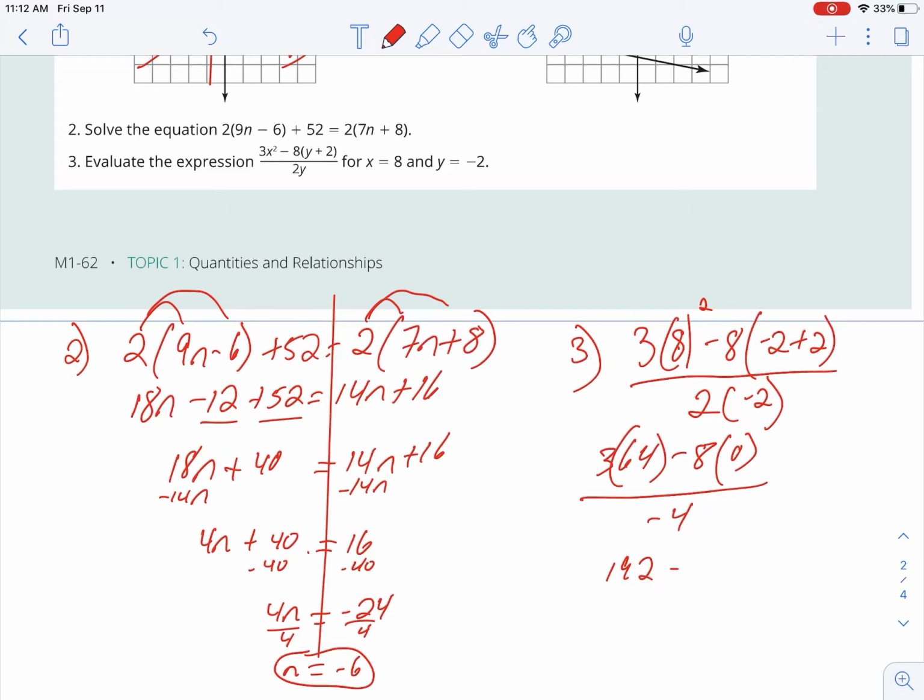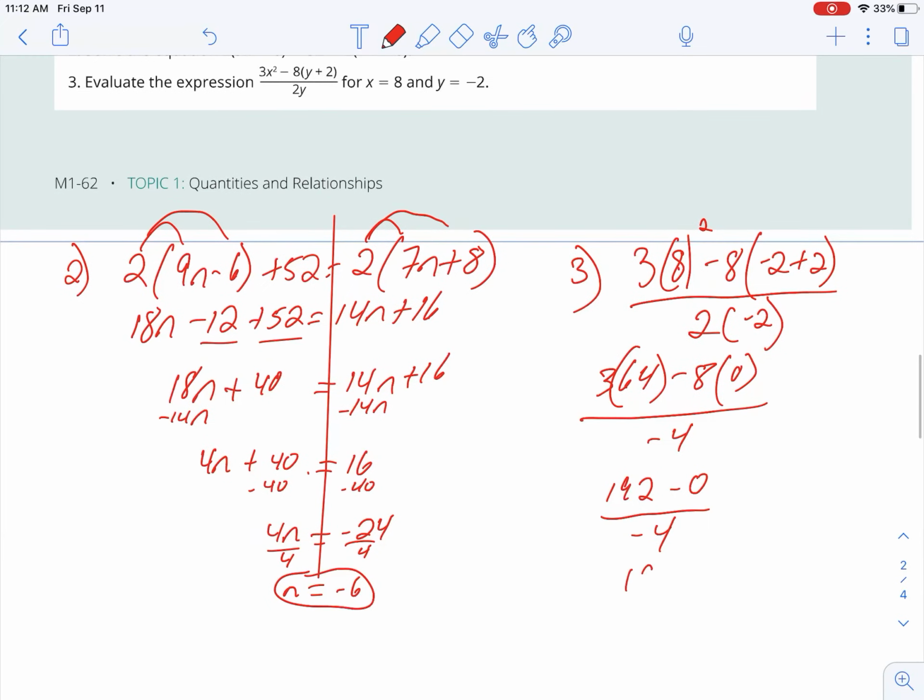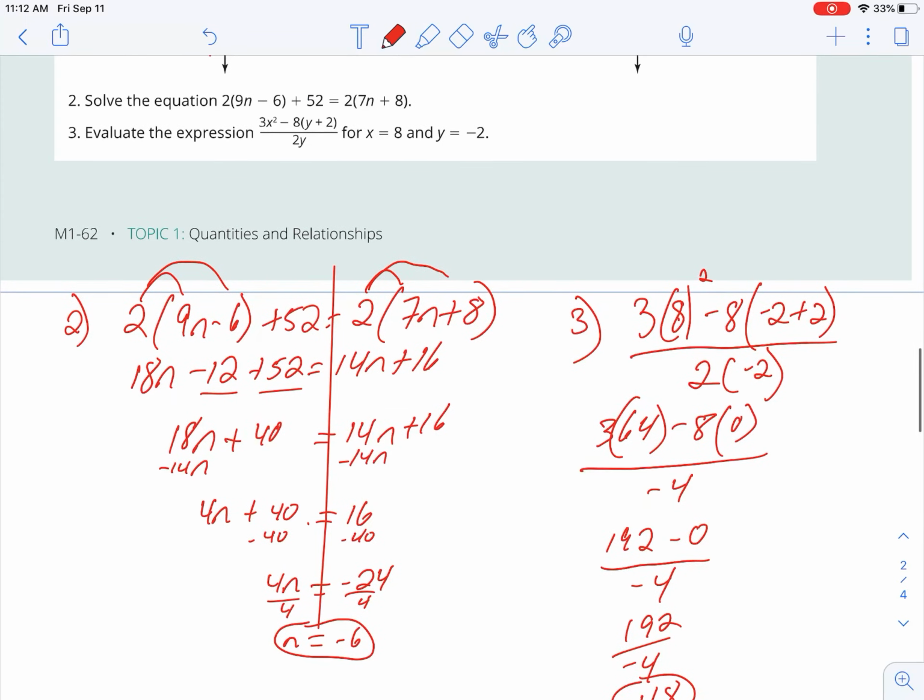That gives me 192. And then I have 8 times 0. 0 times anything is, well, 0. 192 minus 0 is still 192. And 192 divided by negative 4. Watch your negatives. So 192 divided by negative 4 is negative 48.